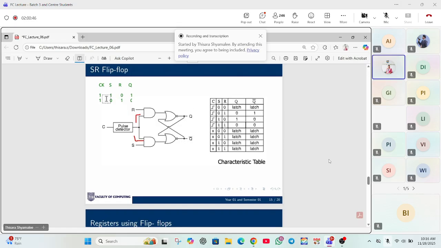The next one is, if the clock signal is provided, S equals 0 and R equals 1, then you get Q as 0. The Q value is 0.